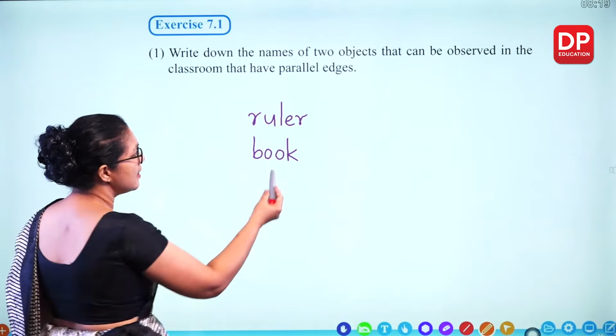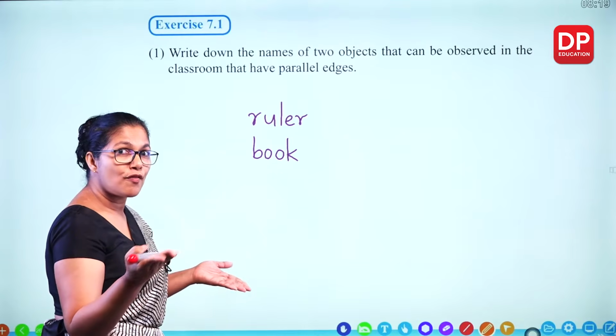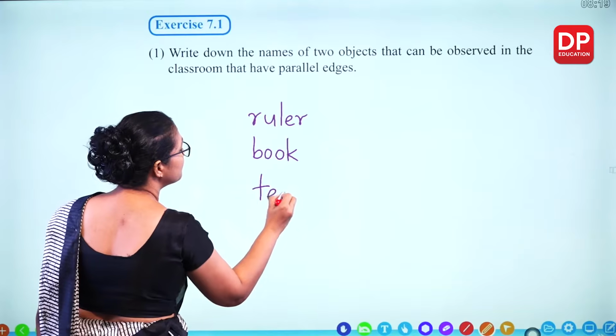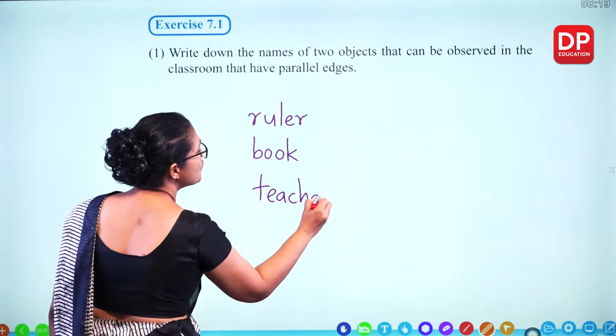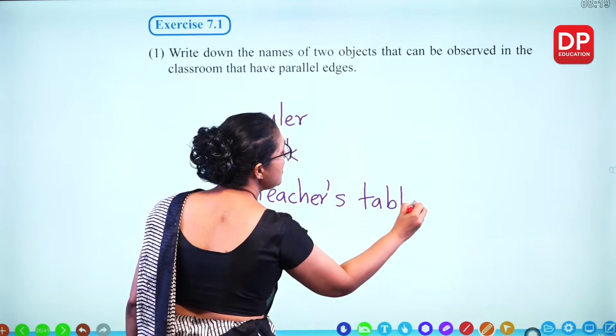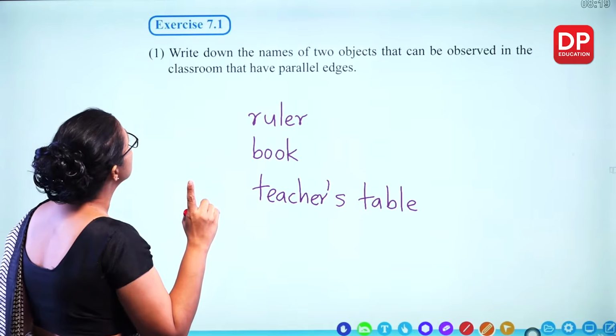And what else? The horizontal edges of the teacher's table. Teacher's table. So you can write any two objects.